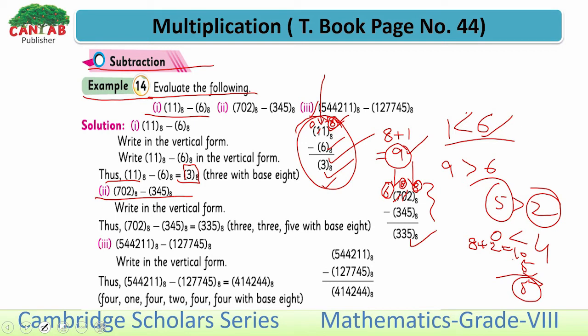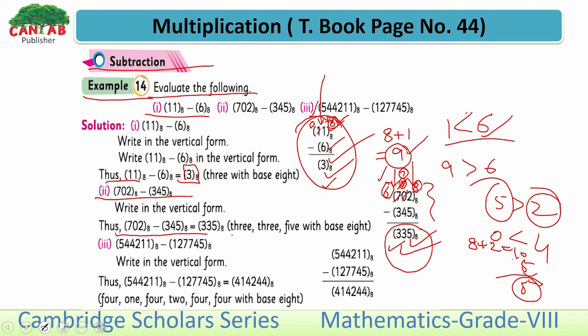So write 5 under the first column. Now look at the second column. 8 becomes 7, that is 1 less than 8, because we borrowed a number to the first column. So we have 7, 7 is greater than 4, so 7 minus 4 is 3. Similarly, in the third column, 6 minus 3 is 3. So we have 3, 3, 5 with base 8.